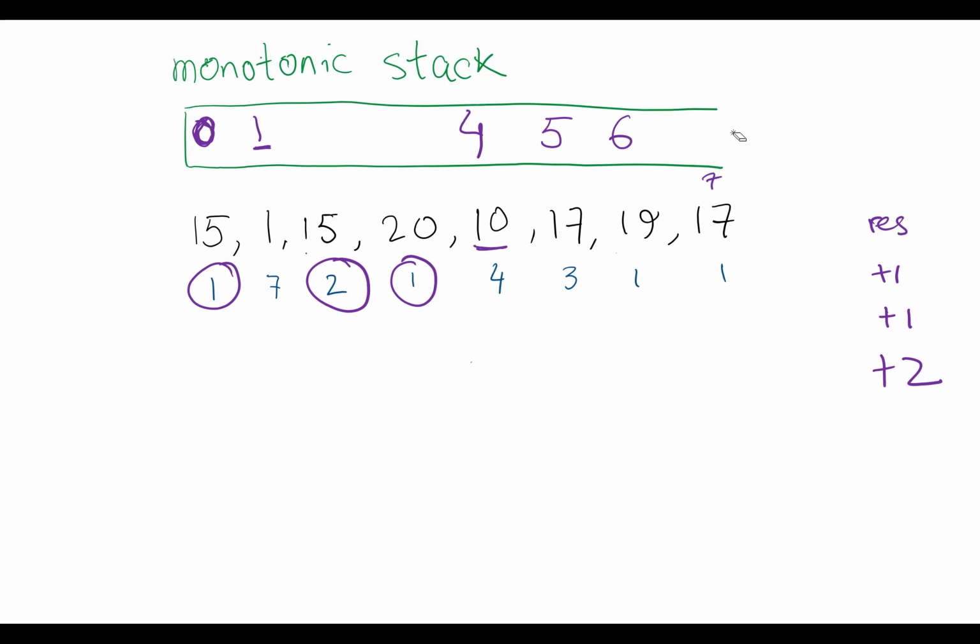Again, this is 17, but as soon as I read this, you see that there is an issue, this is actually smaller than 19. So that means it cannot go any further, right? So immediately I go and check the top of the stack, which is 7 minus 6 equals 1. So that means this one is now being added here, and I take this out of the stack.